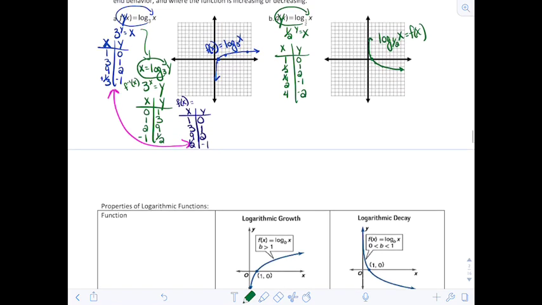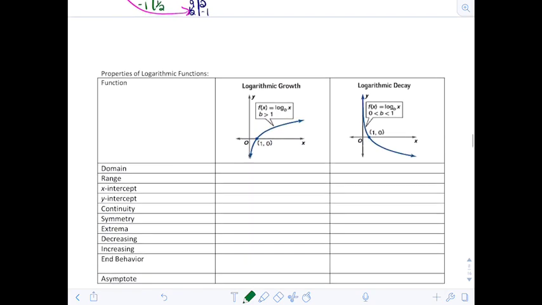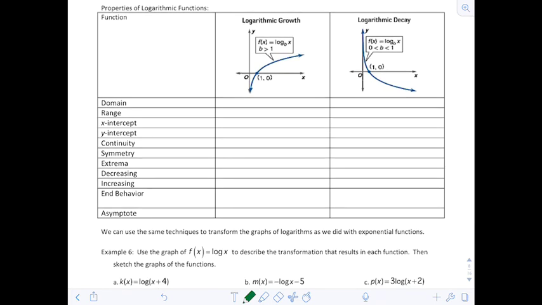Okay, so these are essentially two logarithmic parent functions. There are no reflections, no stretches, no shifting up and down or left and right. So these can be considered parent functions. But now we're going to go to the generic form of these growths and decays for logarithmics and look at the characteristics that make them grow and make them decay. So we have logarithmic growth, log base b of x. It's going to be growth if b is greater than 1, very similar to exponential.